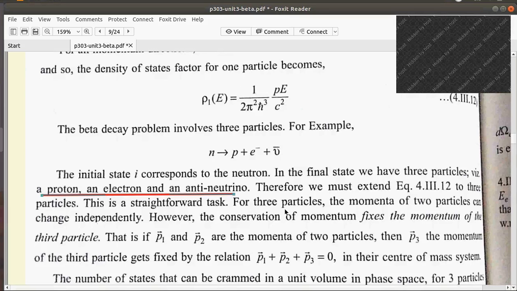This is easy. For three particles, the momenta of two particles can change independently. However, the conservation of momentum fixes the momentum of the third particle. We know the law of conservation of momentum: momentum before is equal to momentum afterwards.